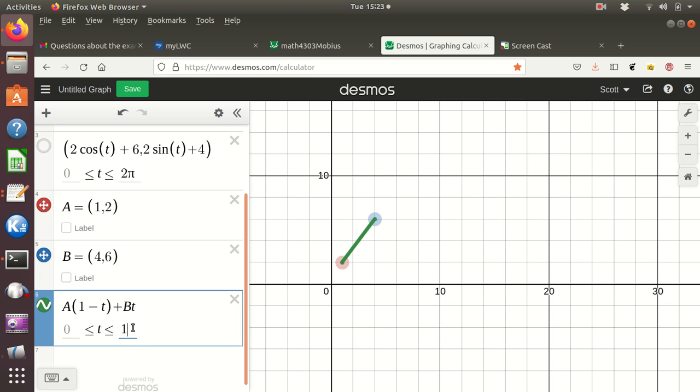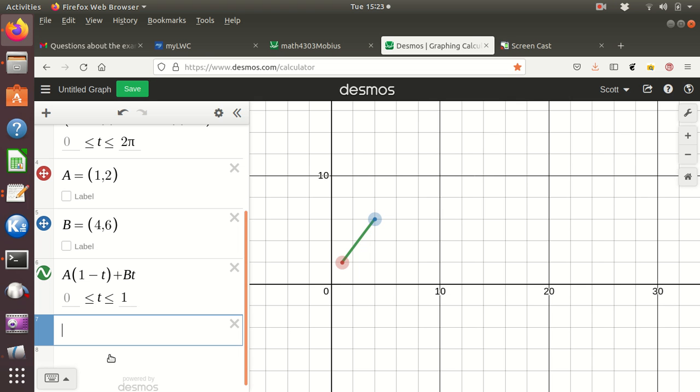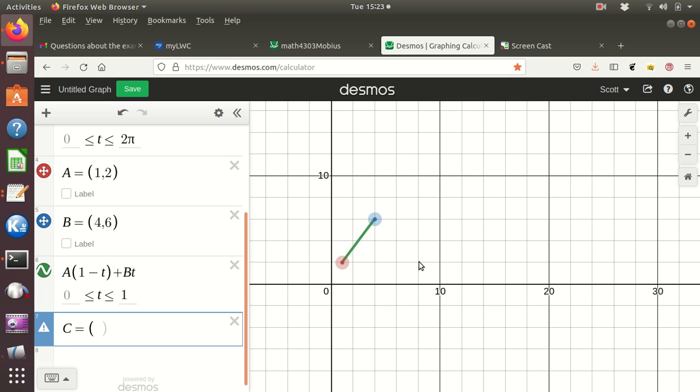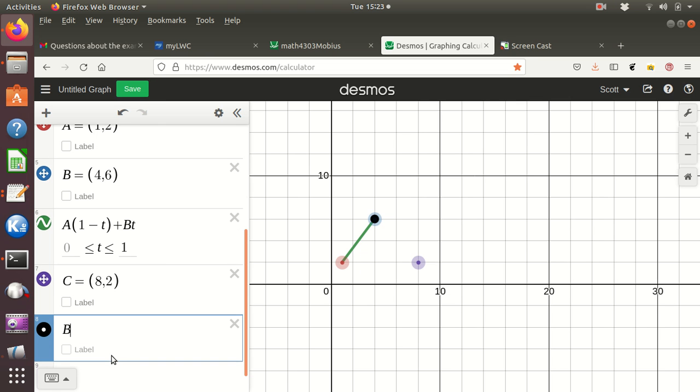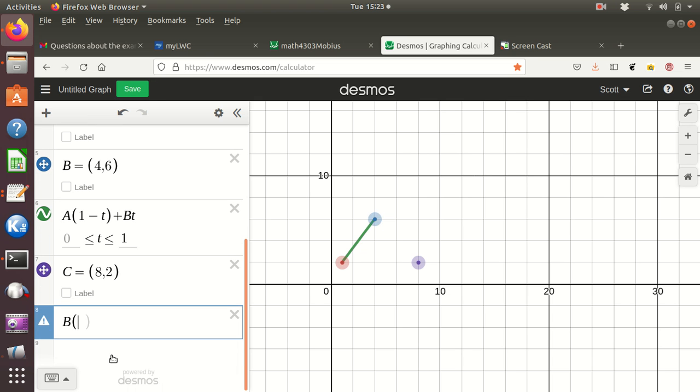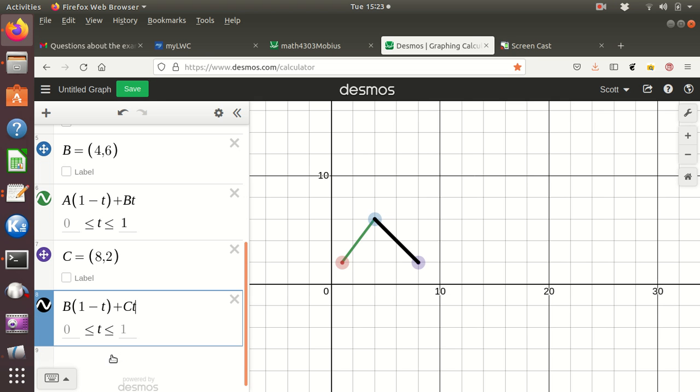And now suppose I add a point C, and C equals, we'll have that maybe down here at like what, 8, 2. Now I'd like to go from B to C, and I can do that the same way. I can say, well, B times 1 minus t plus C, uppercase C, times t.